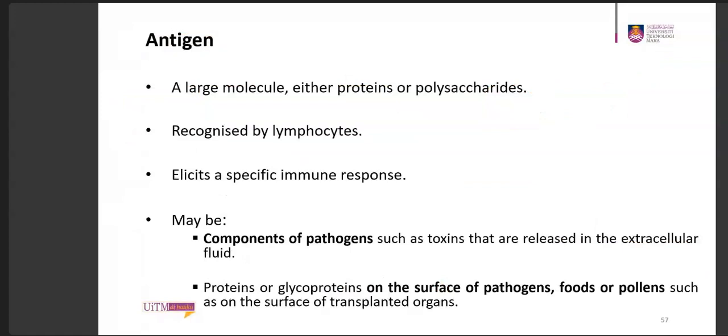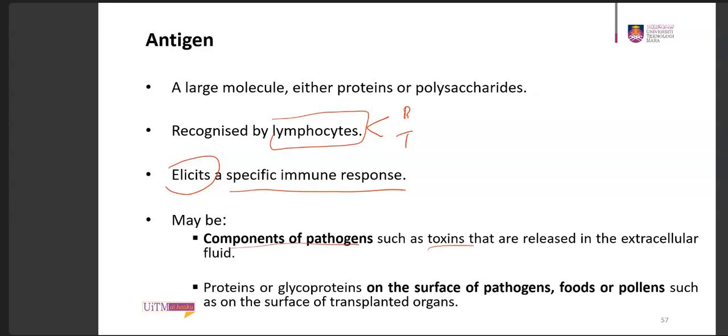Okay, so more on antigen. Antigen is a large molecule, either proteins or polysaccharides, recognized by lymphocytes, B cell and T cell, because B cell and T cell have receptors for that specific antigen of a pathogen, and it elicits an immune response. The antigen may be a component of a pathogen, such as a toxin.